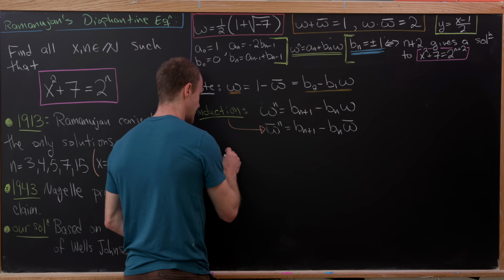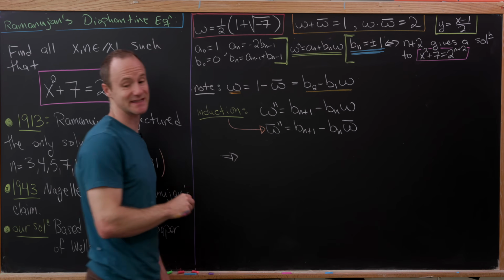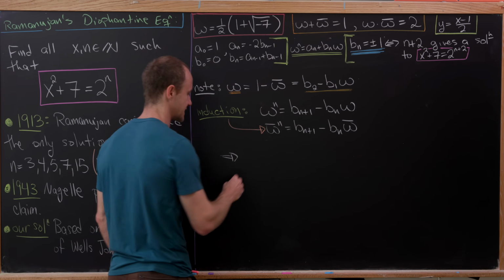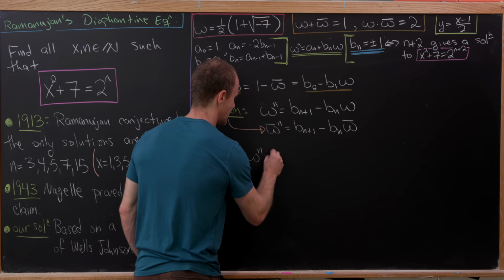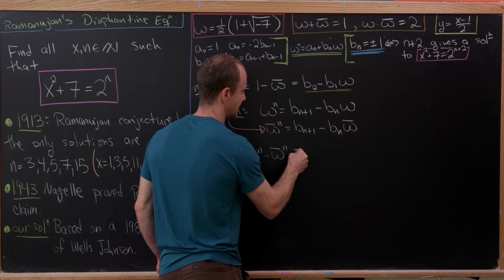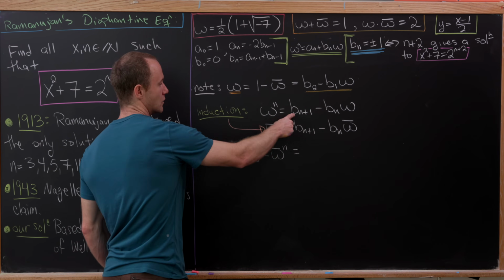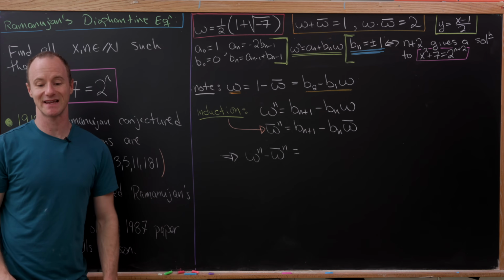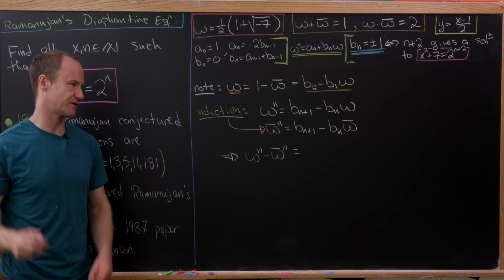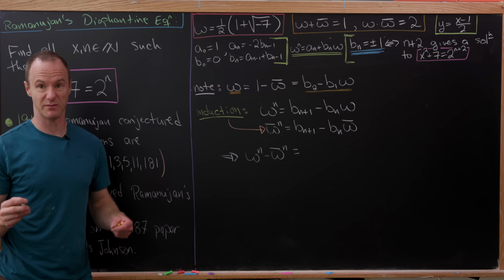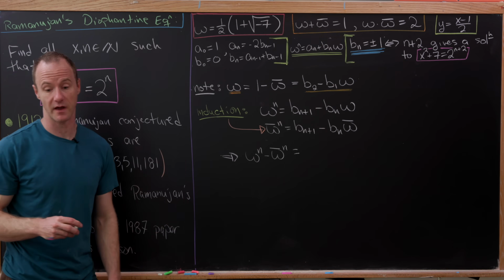Okay, but now we can take those two equations and subtract them, and we get this nice expression. We get omega to the n minus omega bar to the n is equal to, notice that the b sub n plus 1's cancel. That's maybe our motivation for subtracting those, just to get those b sub n plus 1 terms out of there.